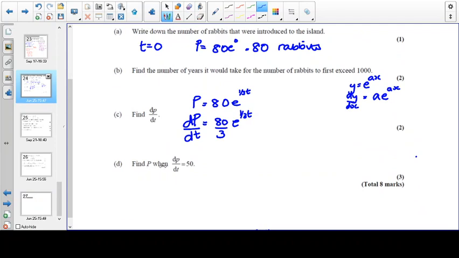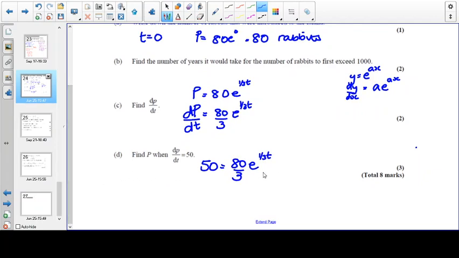Find p when dp by dt is 50. Remember, this is the rate of increase of the rabbits, so we want to know what the population is when the rate of increase of the rabbits is 50. So we're going to say 50 equals 80 thirds e to the third t.